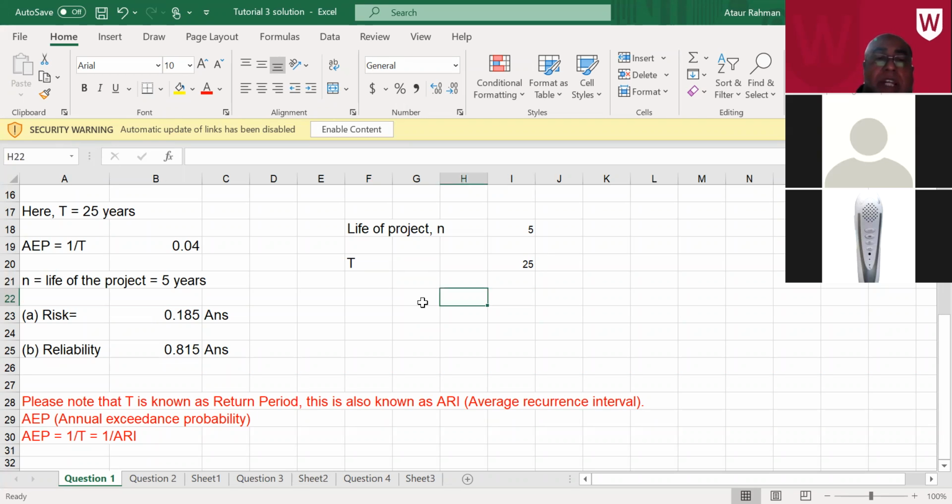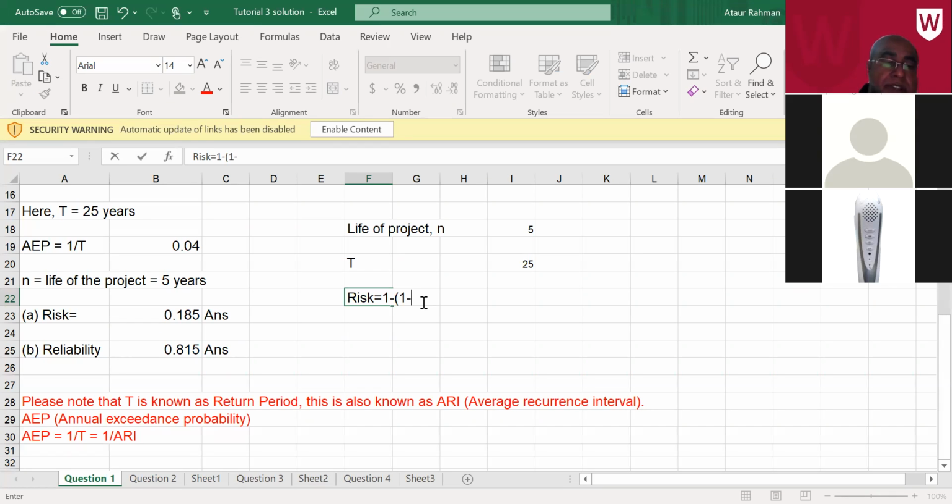We know from our lecture that risk, in terms of probability of exceedance, equals 1 minus (1 minus 1 over T) to the power of N. So that is the risk.